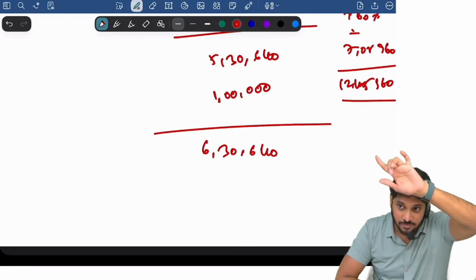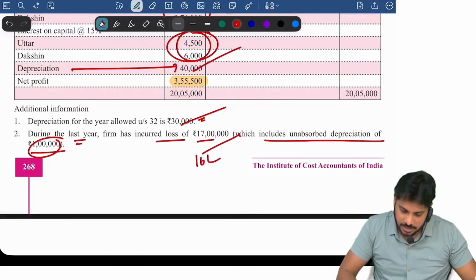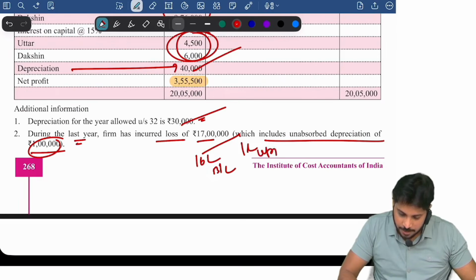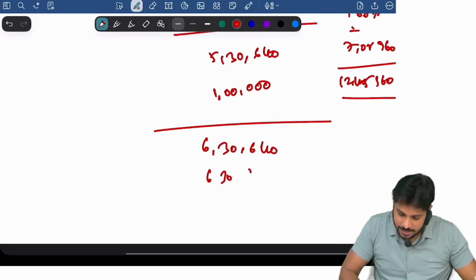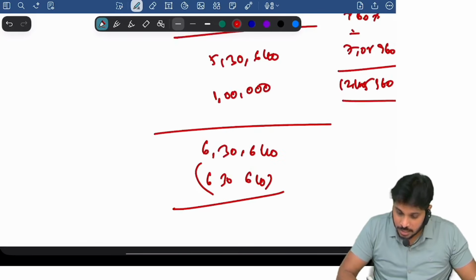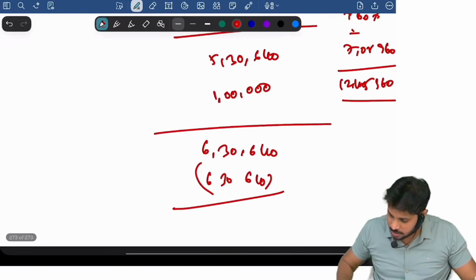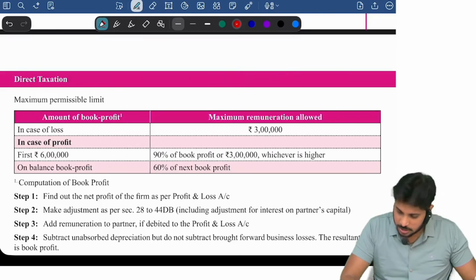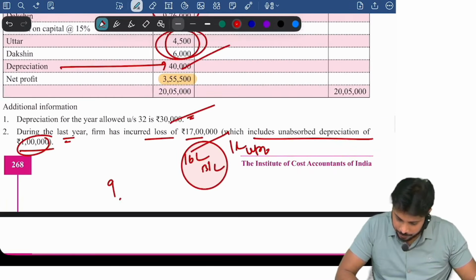Now brought forward business loss is there, brought forward depreciation is there. First I will give set off to business loss. Now if you see the brought forward loss information, how much? 17 lakhs. Out of that 16 lakhs is business loss, 1 lakh is unabsorbed depreciation, and I will set off this. So entire 6,30,640. So balance business loss is 16 lakhs minus 6,30,640, which is 9 lakh 69,360 will be carry forwarded.